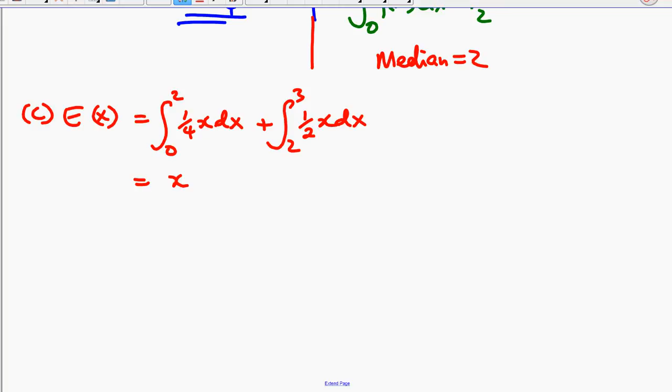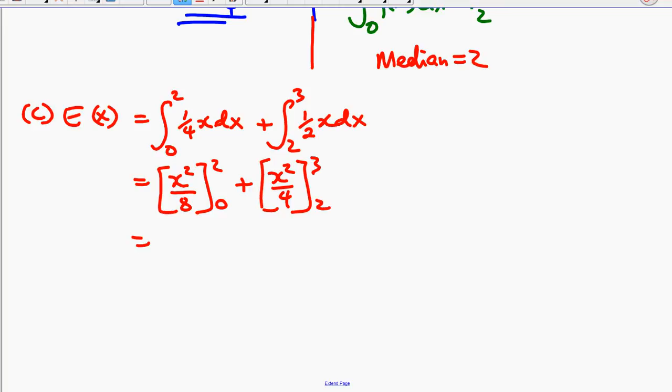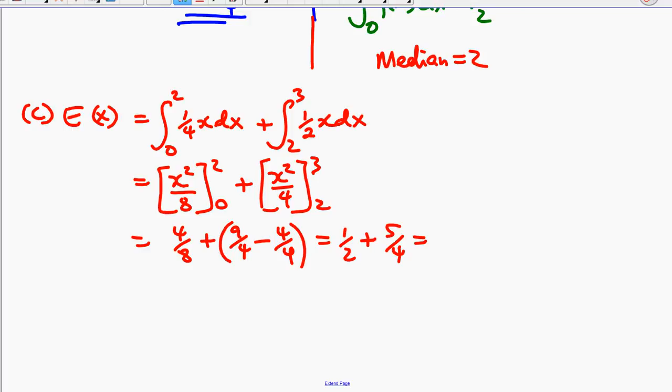So that is x squared over 8 from 0 to 2 plus x squared over 4 from 2 to 3. If you integrate that, it gives me 4 over 8 plus the bracket 9 over 4 minus 4 over 4, which is basically a half plus 5 over 4, which is 7 over 4.